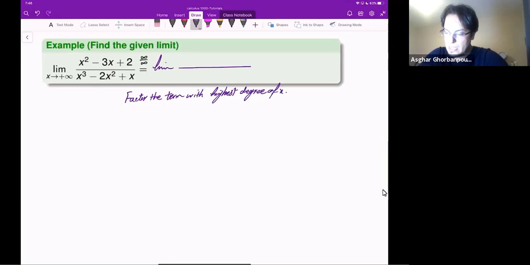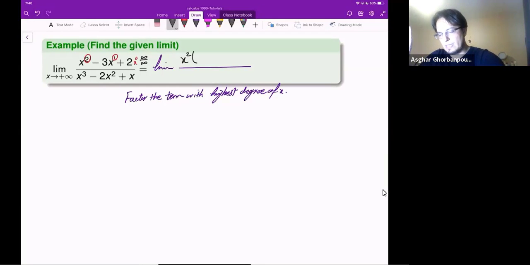What does that mean? In the numerator and in the denominator, you look at the powers of x. Here it is 2, this is 1, and here there is no x, which means it's x to the power 0. Then factor out the highest power in the numerator, which is x squared.